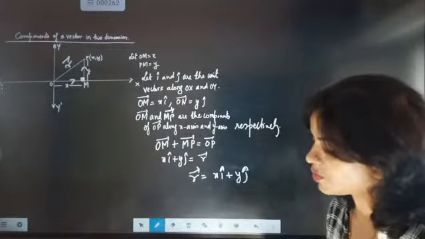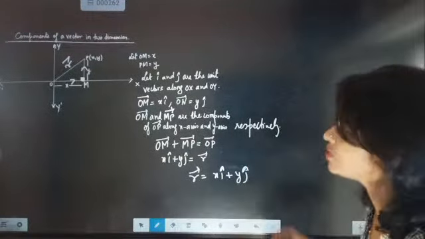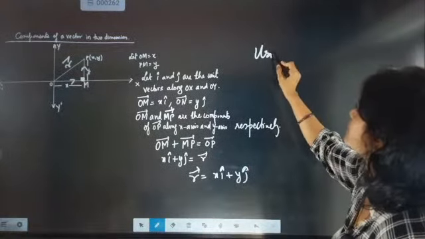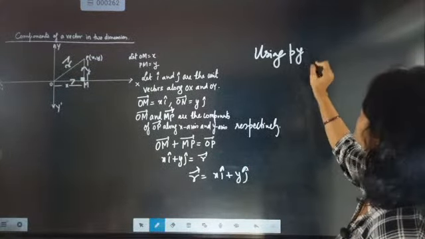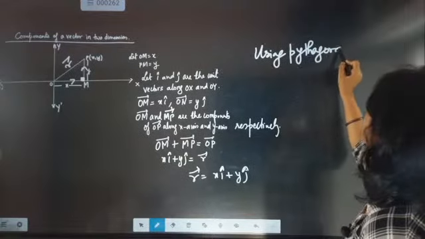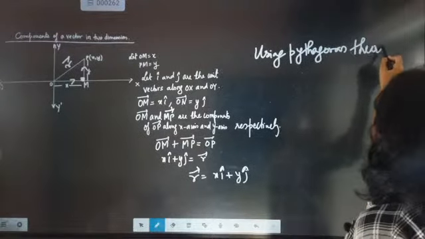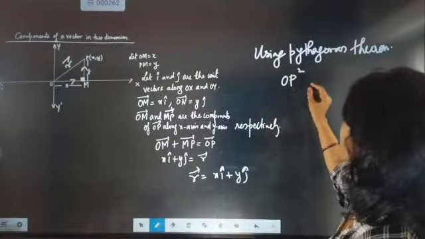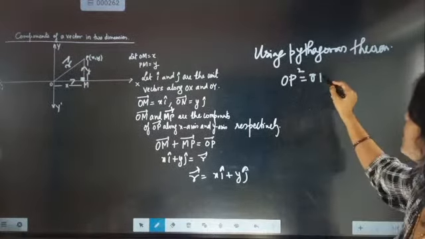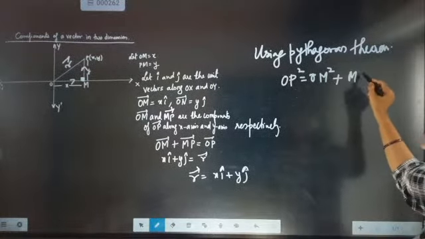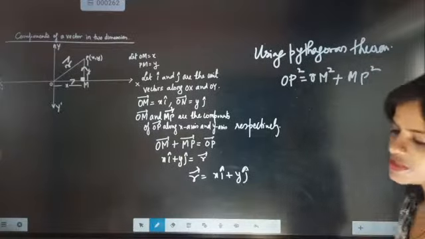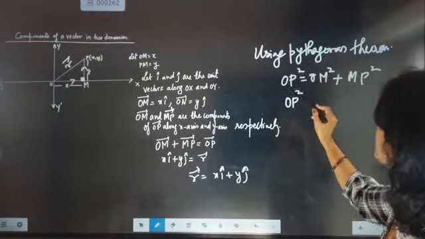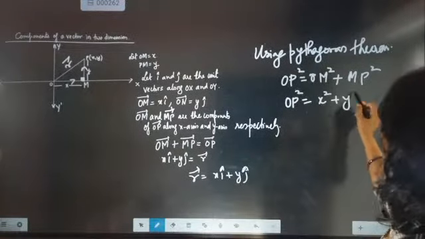Now the next important point: by using the Pythagoras theorem, we are going to find the magnitude of it. Using the Pythagoras theorem, OP square is equal to OM square plus MP square, which becomes X square plus Y square.